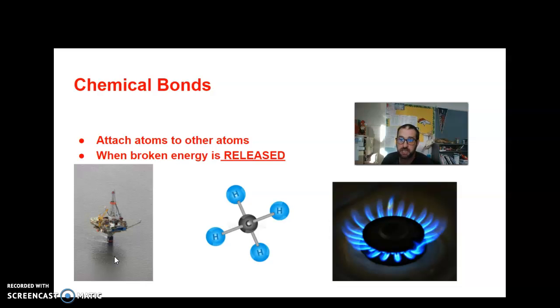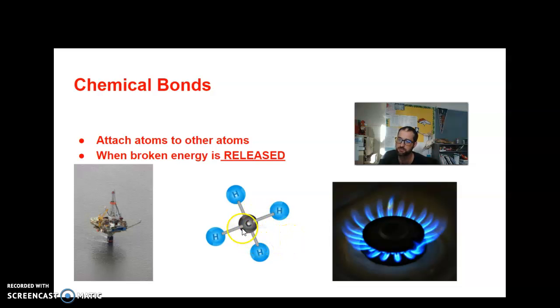So let's talk about natural gas, because that's a simple molecule to look at, but it's really cool and really important to our daily lives and our economy. So here's natural gas. We also call it methane. So it's one carbon atom and then 4 hydrogen atoms. So again, these sticks right here, those are representing a chemical bond.